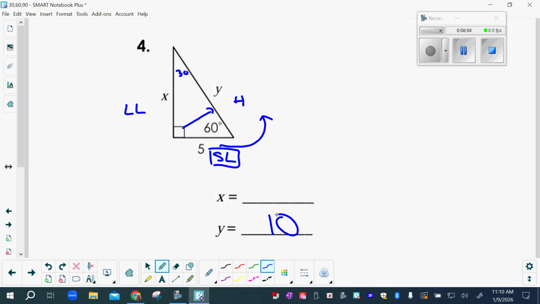Okay, next one, short leg to long leg. Big question, multiply or divide? Multiply. Magic number? Root 3. That's a tricky one to remember. So 5 root 3. There you go.